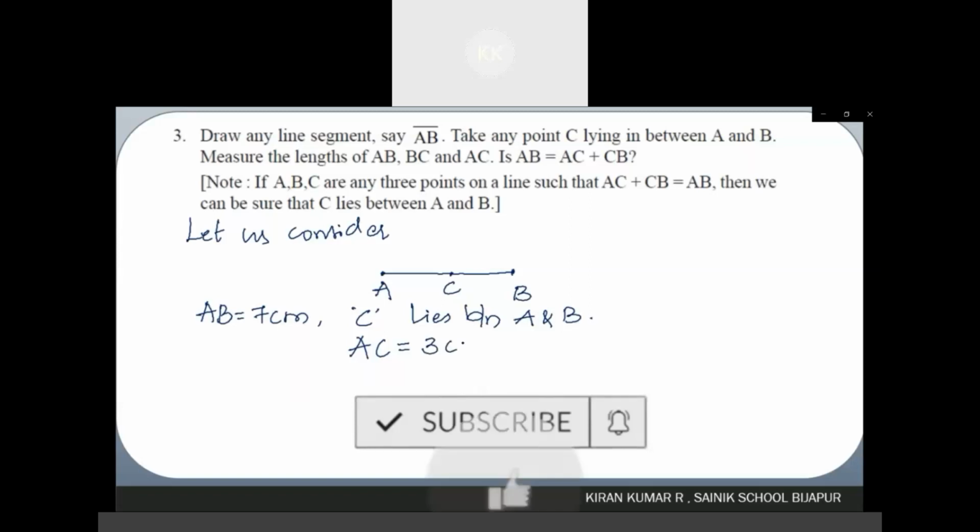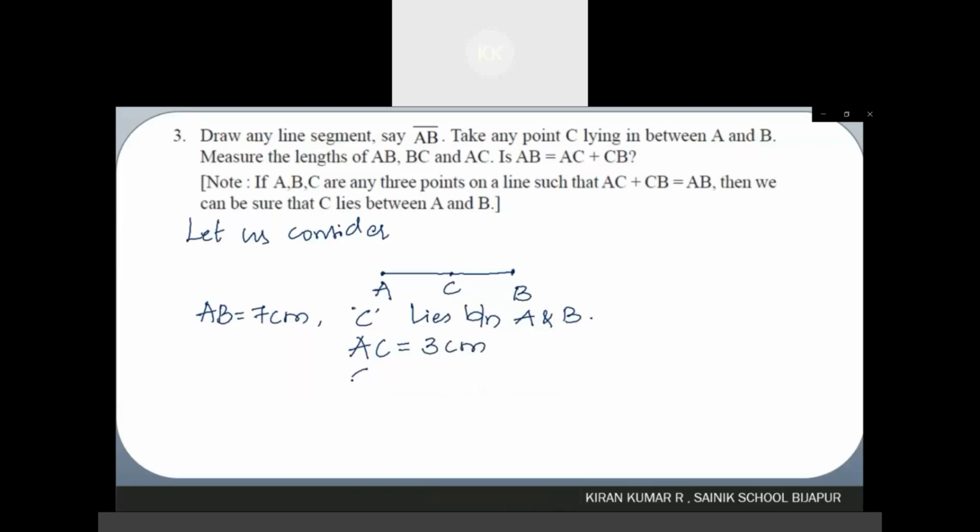Suppose it is 3 centimeters, and you measure the length CB, this becomes 4 centimeters. Therefore, AB is 3 centimeters plus 4 centimeters, which is AC plus CB.